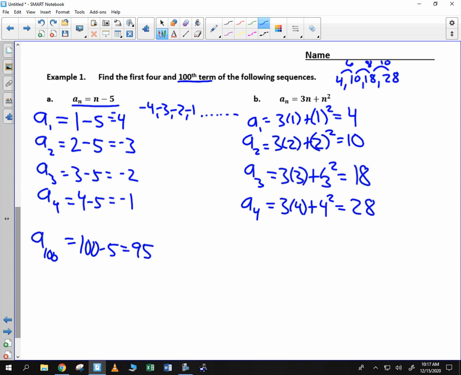And so you're right, this next one would go up by 12. That's the pattern here. A little bit difficult, though, to predict the 100th term unless you actually plug in 100. The 100th term would be 3 times 100 plus 100 squared. 100 squared is 10,000, so we get 10,300 is that term of the sequence.